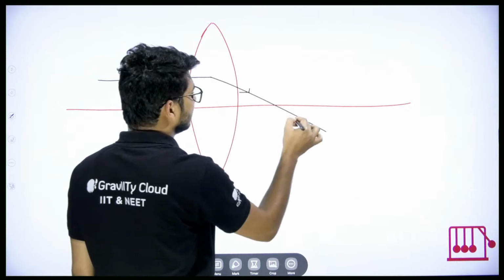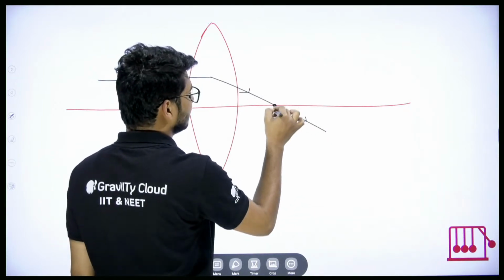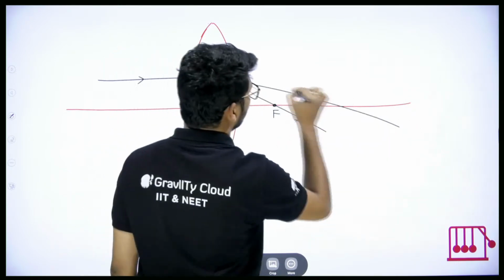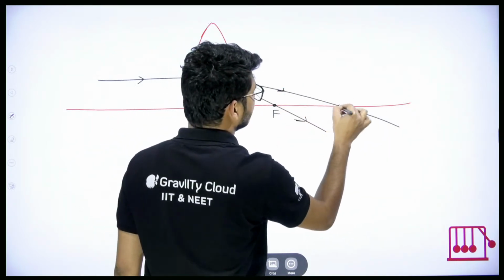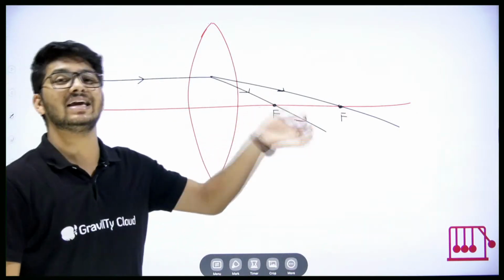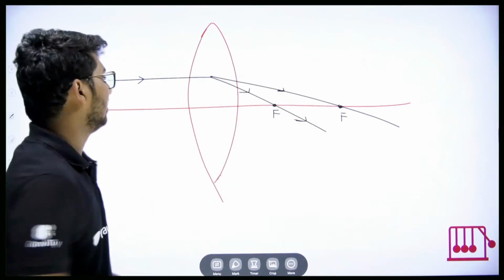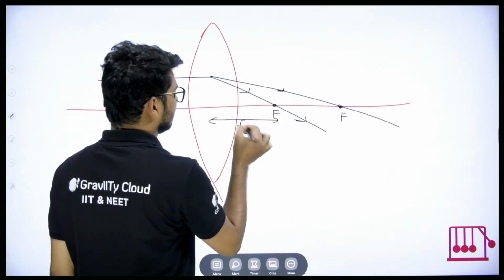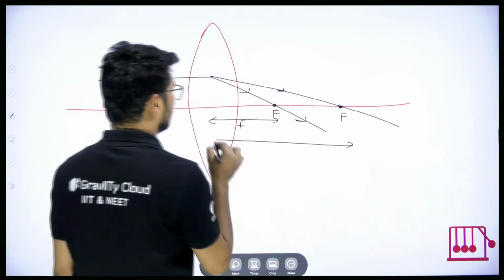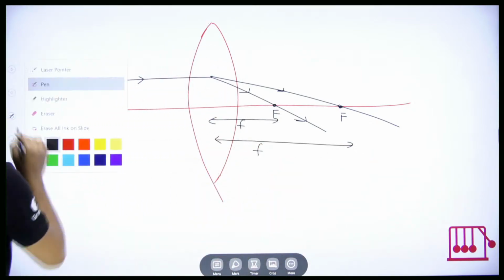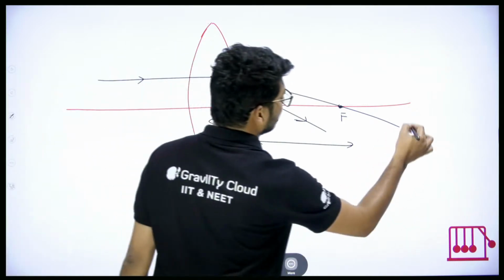Let's say this is one case when the focus is here, and this is another case, where the focus is here. So I am shifting the focus. And when you shift the focus, automatically the focal length will also change. Now let's discuss that. Let's say this is case 1, this is case 2.